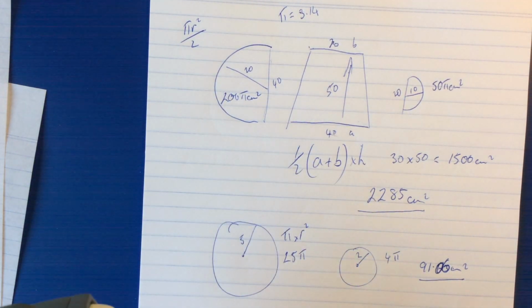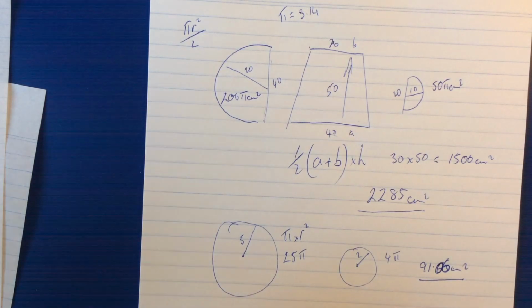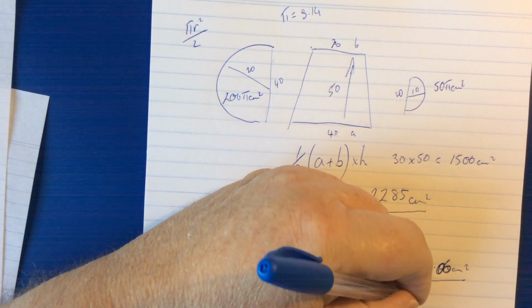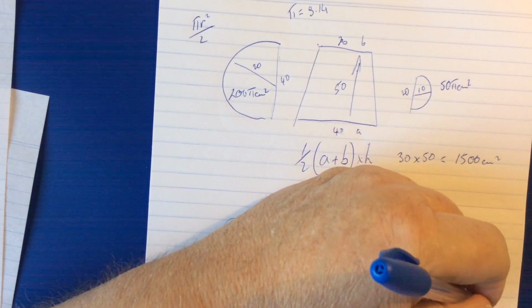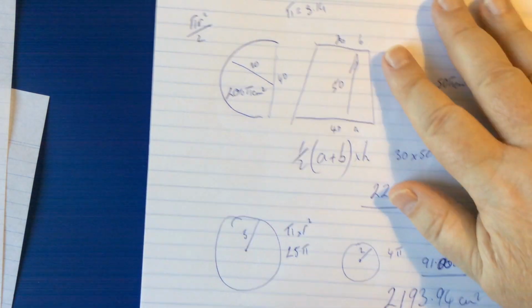We subtract 91.06 from 2285 centimeters squared, and we get 2193.94 centimeters squared. That's how we do it.